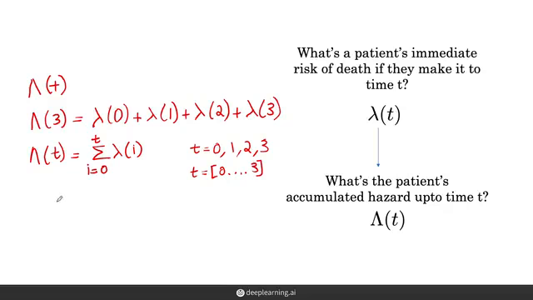And so for that, we have the continuous extension of the cumulative hazard, which we write down as the integral from 0 to t of lambda of i, di. And don't worry too much about this. All that you need to understand is the cumulative hazard is going to be the sum, and this is just a way to represent the sum when our time is continuous.